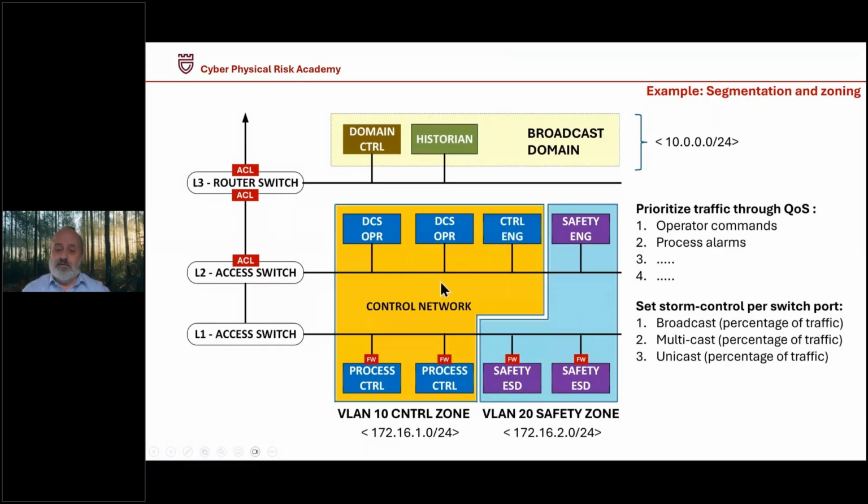I can have much tighter storm control settings in my safety zone compared to my control network zone. I could have also done that by having two switches. You have a separate safety switch, not having a different VLAN, but having a separate switch for the safety equipment. I could enter my storm controls at that level and make a difference. Here I did it with VLANs.